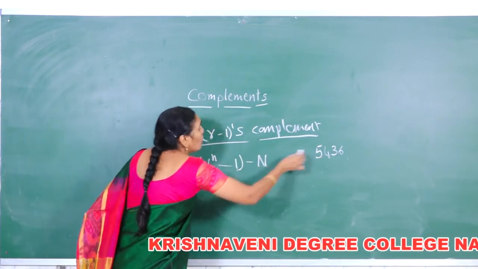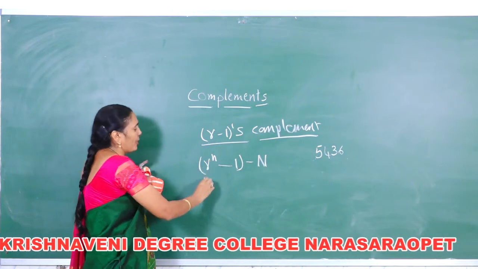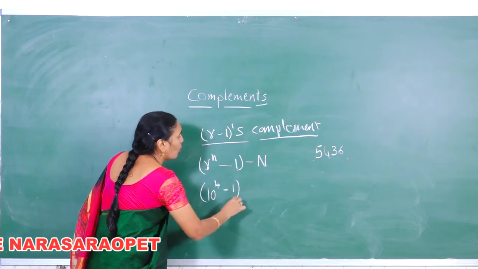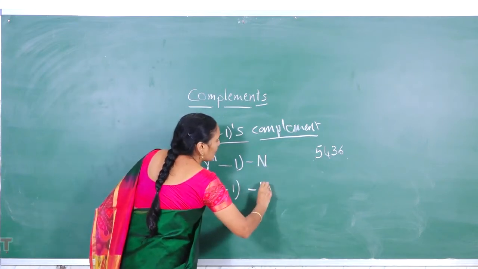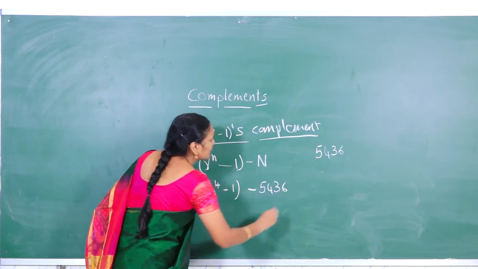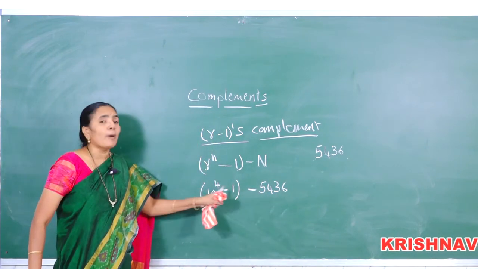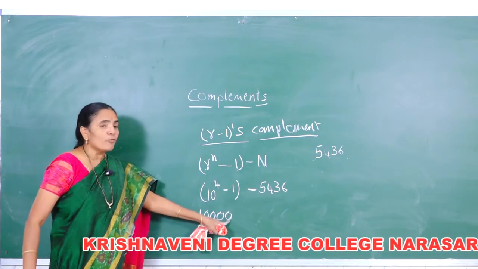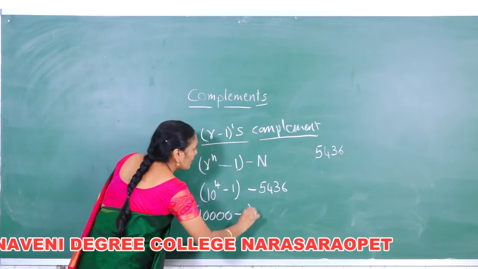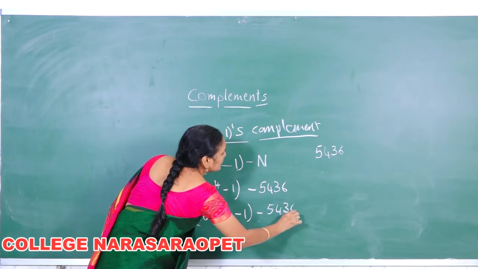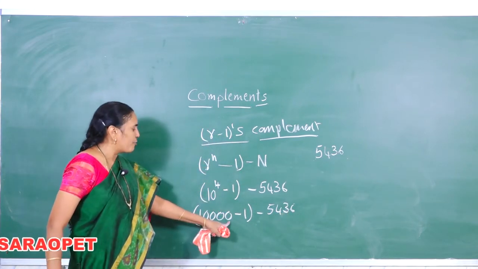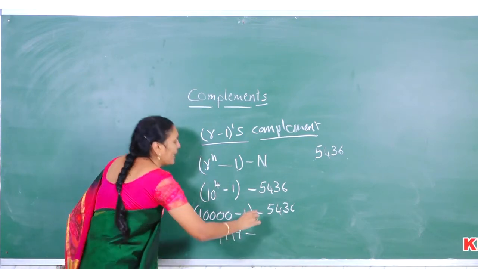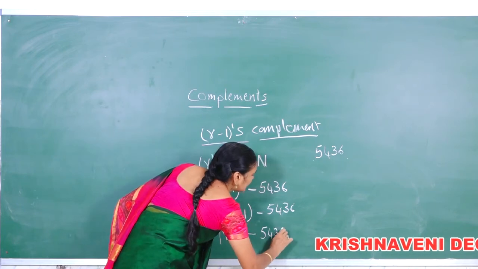We have 4 digits, so n is 4, and we compute 10 to the power of 4 minus 1, whole, minus 5436. 10 to the power of 4 minus 1 is 1 followed by 4 zeros minus 1, which is equivalent to 9999 minus 5436.